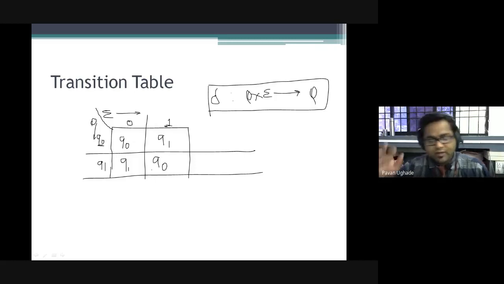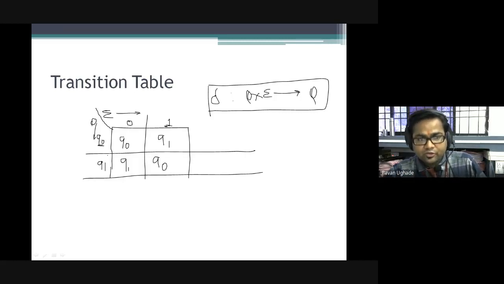What is the deterministic finite automata? On every state there should be a unique transition on each and every alphabet. So you can see Q0 has two transitions on 0 and 1, which are the alphabets. In the same fashion on Q1 also there are two transitions over each and every alphabet, 0 and 1.